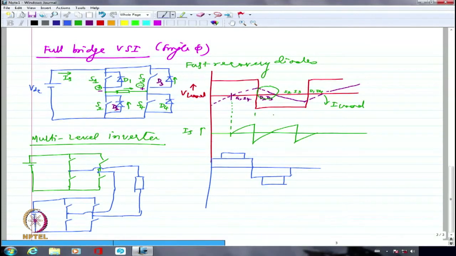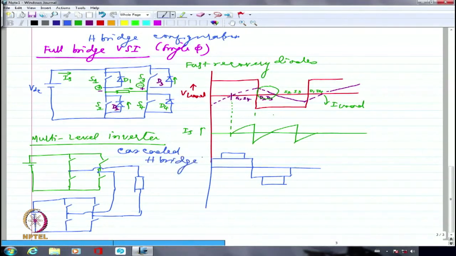So if I have multiple number of these, then I call them cascaded H-bridge. Each of these full bridge inverters is generally called also an H-bridge configuration. So we call this cascaded H-bridge multi-level inverter.